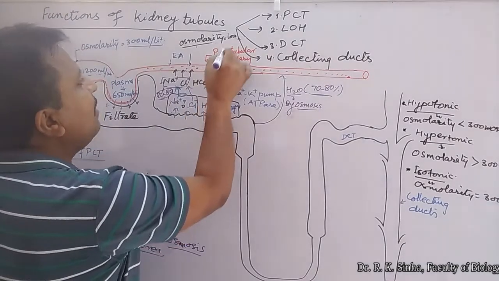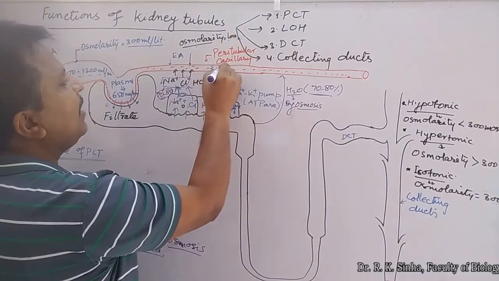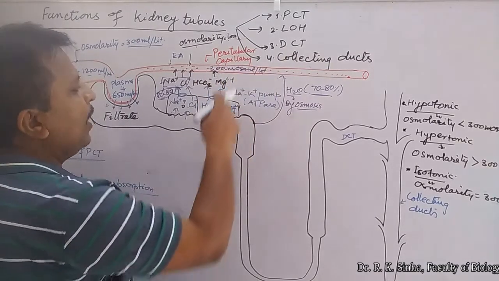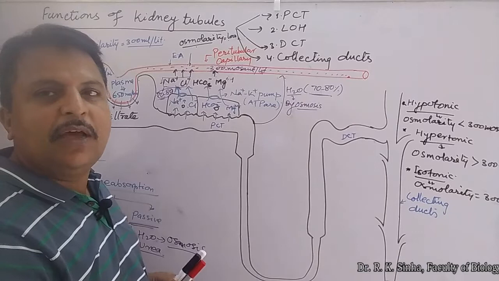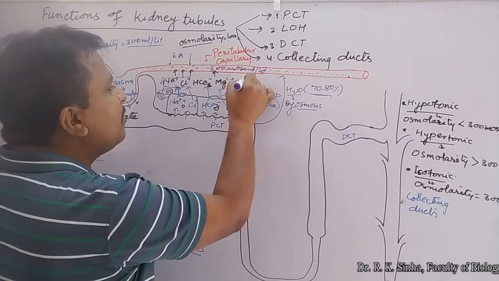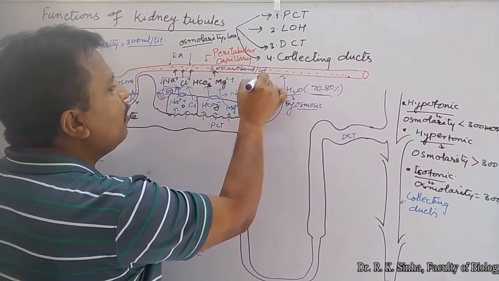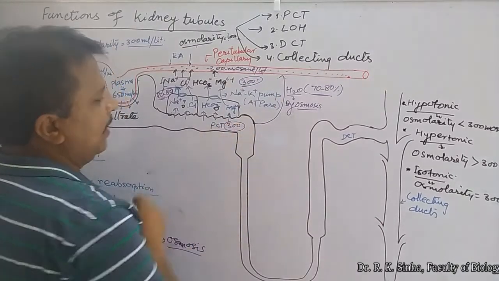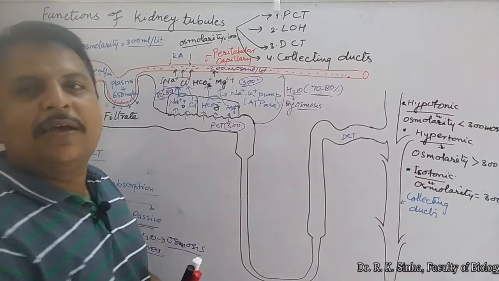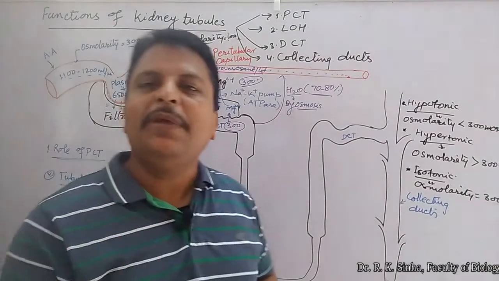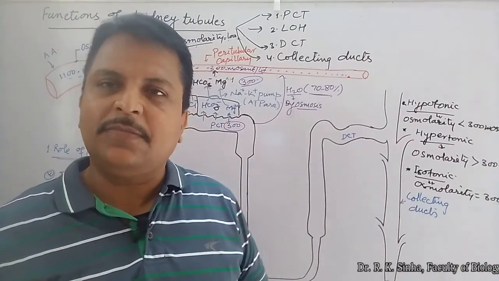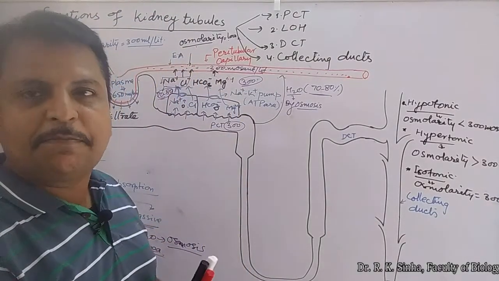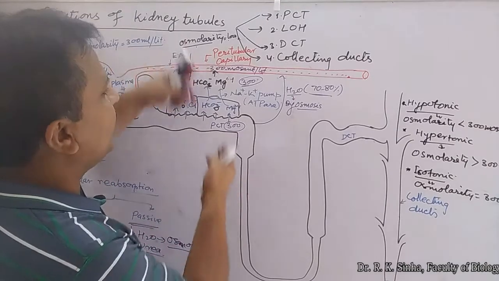Then here it will turn 300 milliosmol per liter, and this region also will attain 300 milliosmol per liter, and this will also attain 300 milliosmol per liter. Then the reabsorption will be in a dynamic state. Okay, so it cannot stop, but it will be in a dynamic state with equal concentration.